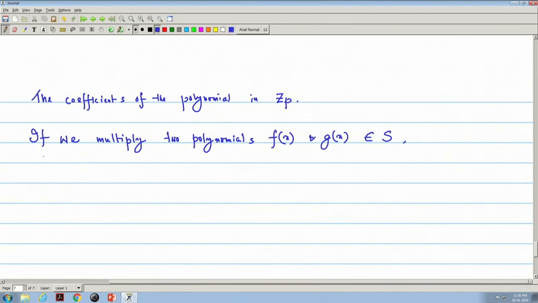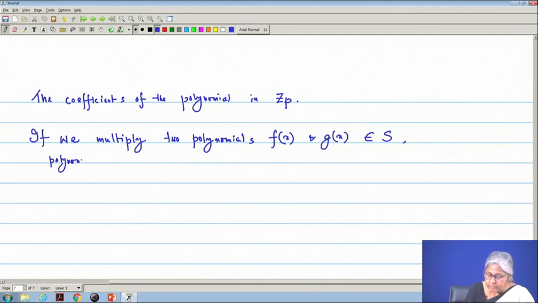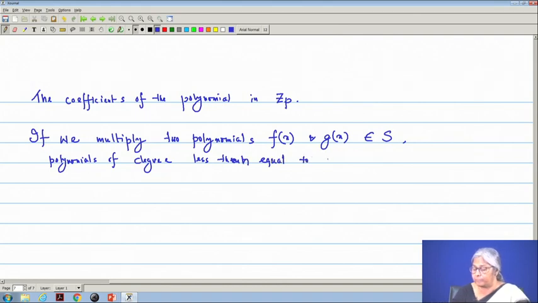So, S consists of polynomials of degree less than or equal to n minus 1.